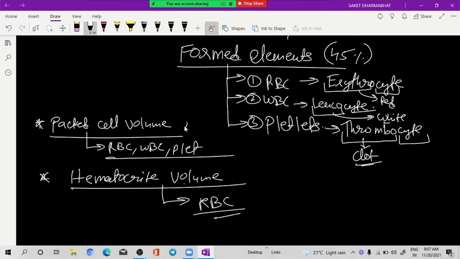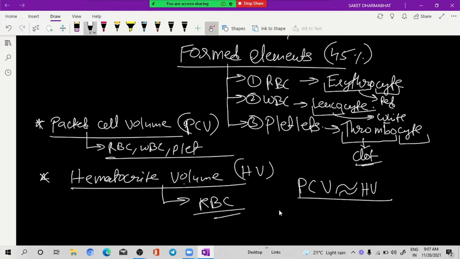So actually packed cell volume and hematocrit volume both are nearly equal. Why? Reason is that out of RBC, WBC and platelets, 99% of the formed element is contributed by what? RBC.